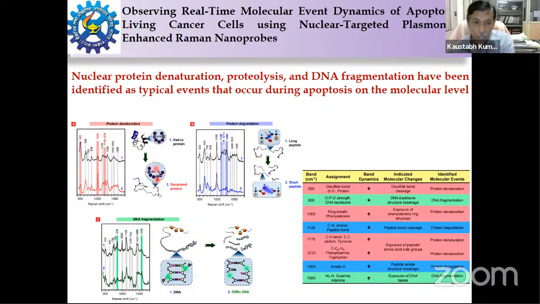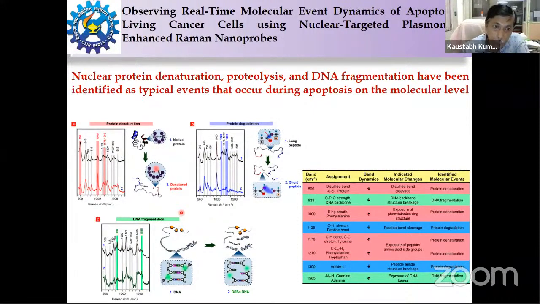So through the Raman fingerprint, we can monitor the cleavage of these disulfide bonds, and so protein denaturation can be monitored here. You can see the major peaks here, around 838, which is very prevalent in the denatured state, but does not come in the native state.